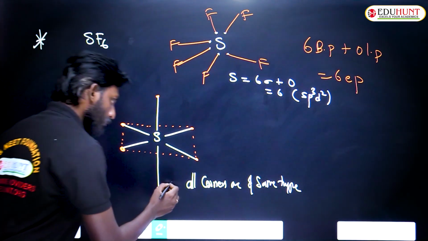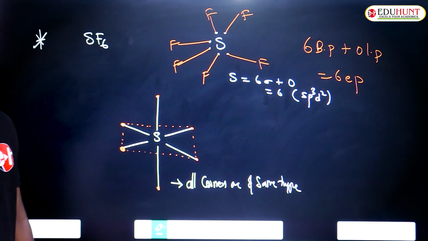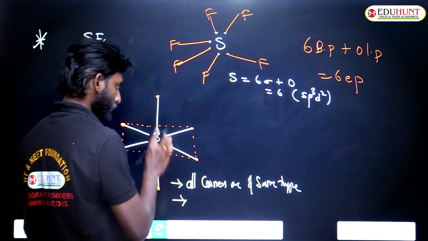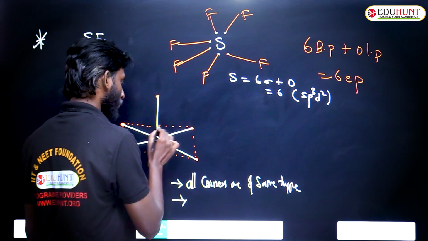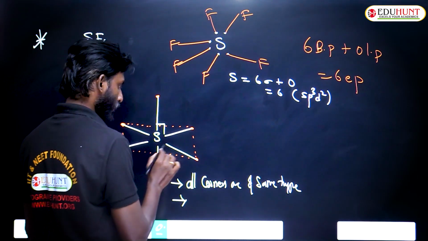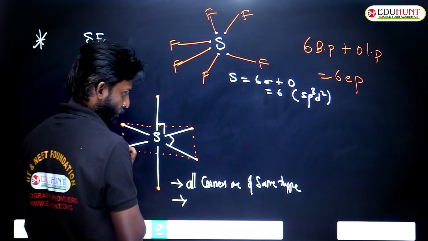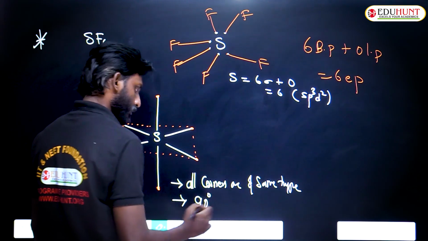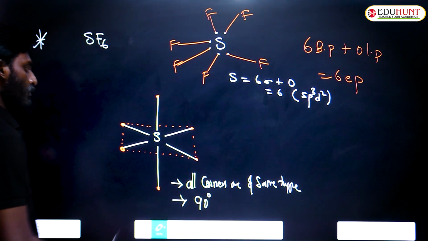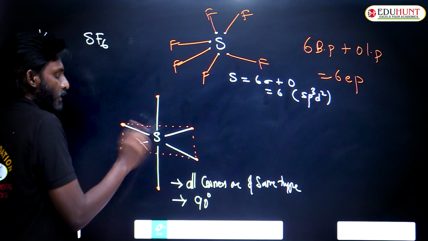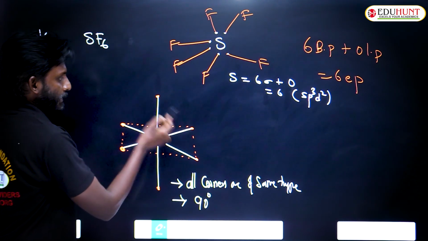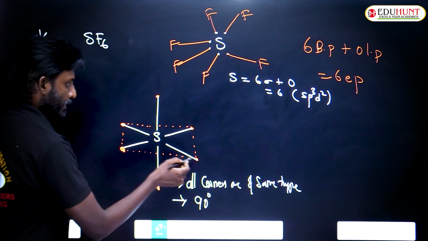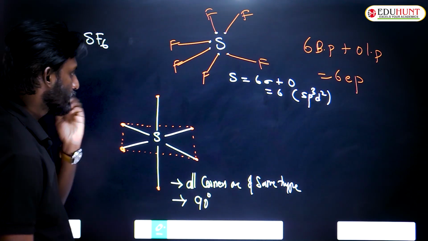All corners are of the same type, and all bond angles are generally the same, 90 degrees. This bond angle is 90 degrees, the angle between these two is also 90 degrees, and between these two also, like that, 90 degrees bond angles.